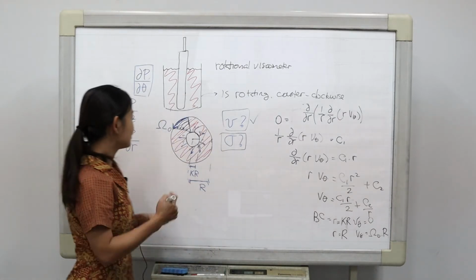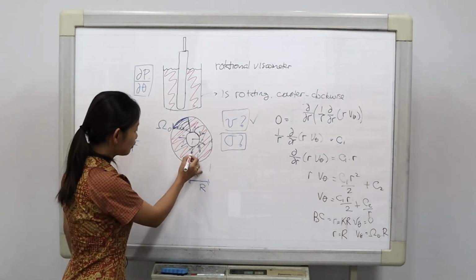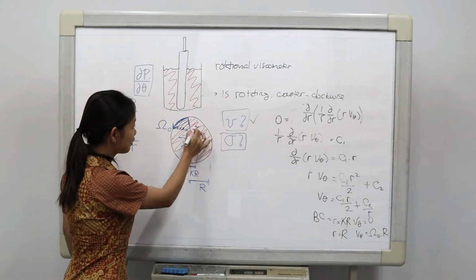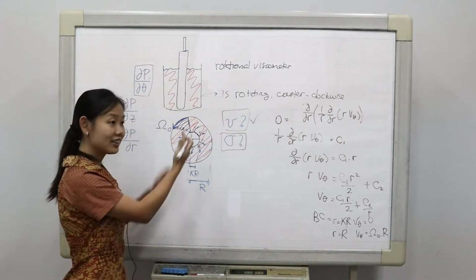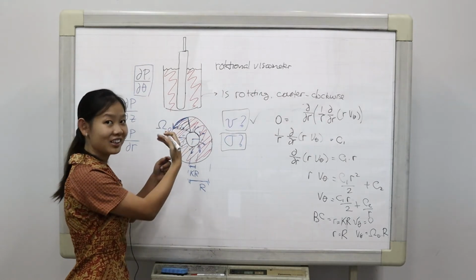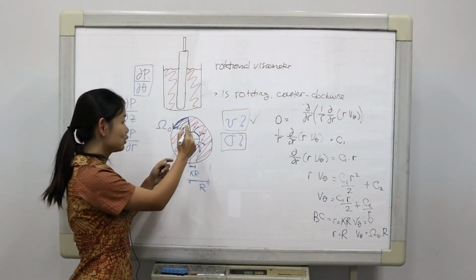Okay, so basically what we have here is the pressure at different theta positions. Theta is like the angle, the degree from this.